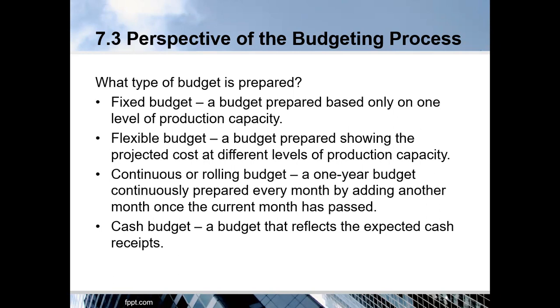Flexible budget, a budget prepared showing the projected costs at different levels of the production capacity. Yung continuous or rolling budget naman, a one-year budget continuously prepared every month by adding another month once the current month has passed. And then yung cash budget, a budget that reflects the expected cash receipts.